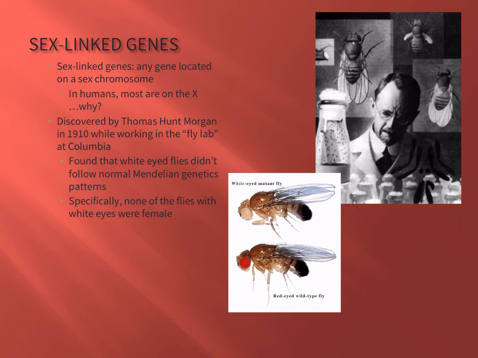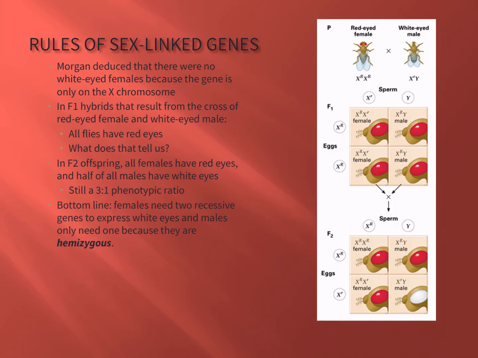He thought that was really interesting and wondered if there was something to the differences between males and females. He deduced from what he saw that perhaps there were no white-eyed females because the gene is on the X chromosome. He also noticed that in F1 hybrids, the result from the cross of the red-eyed female and white-eyed male was that all flies had red eyes.